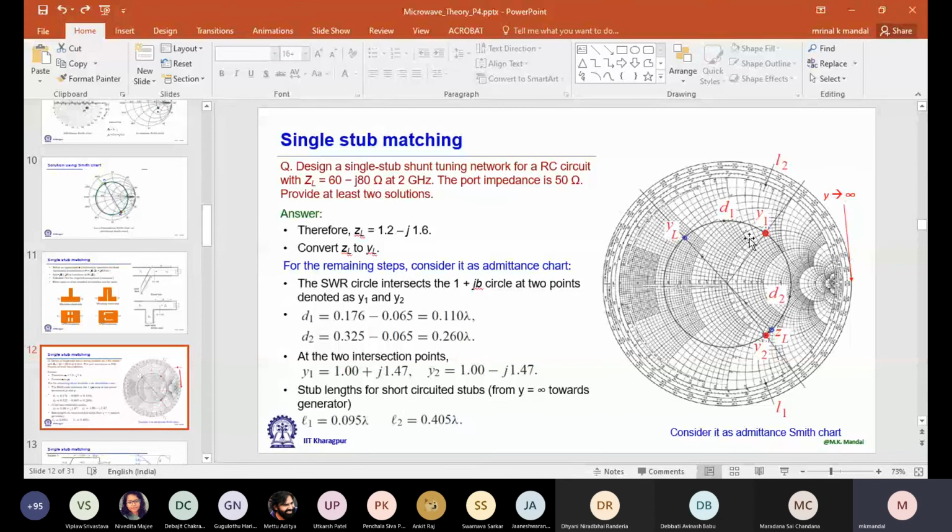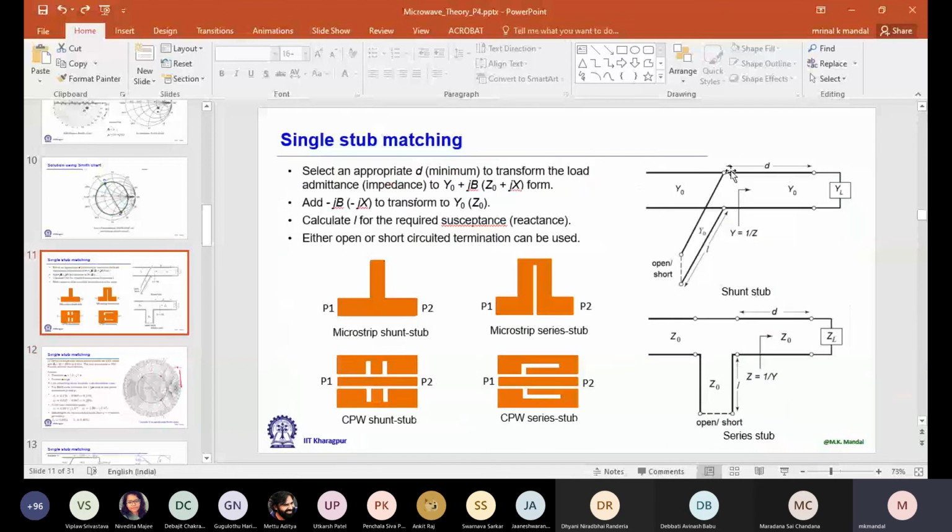So at d1, the lambda scale is also given here. You read this point value and this point value, then subtract, and we can calculate what should be the length of d1. Basically this is the distance from yl to where you are connecting the shunt stub.